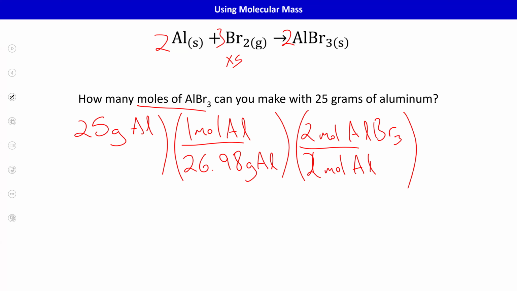Sometimes with these stoichiometry conversions, you wind up with a step where nothing actually changes, because 2 over 2 is the same as multiplying by 1. It's not really going to change anything. We still want to show that step though, because this is the step that allows us to cancel out moles of aluminum and be left in moles of product.